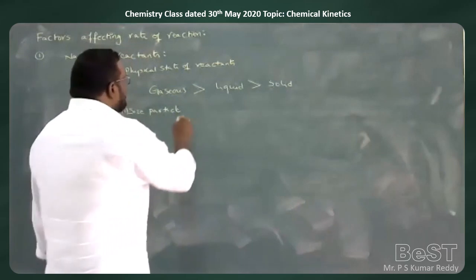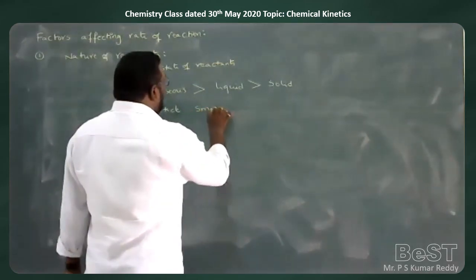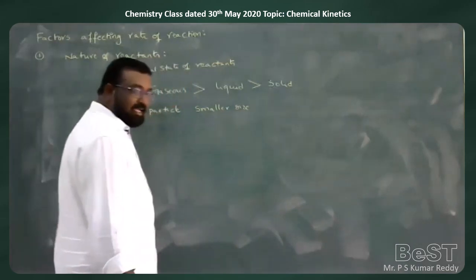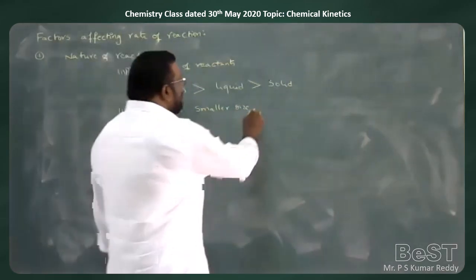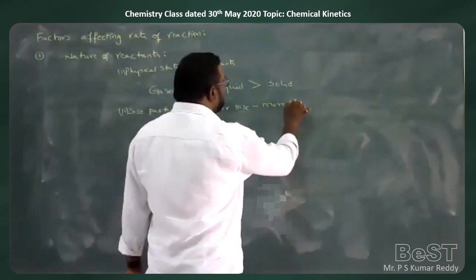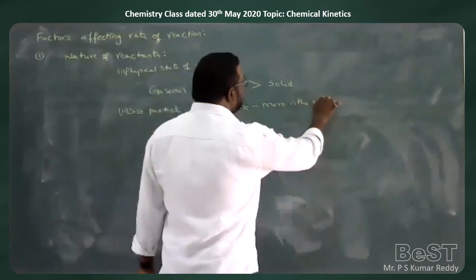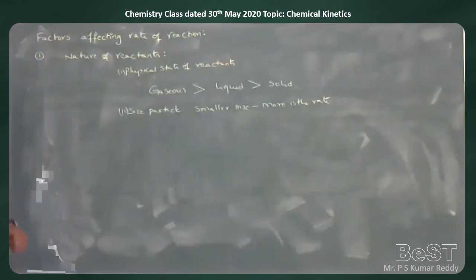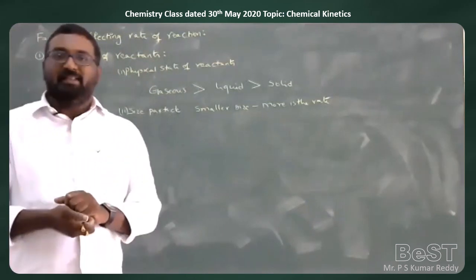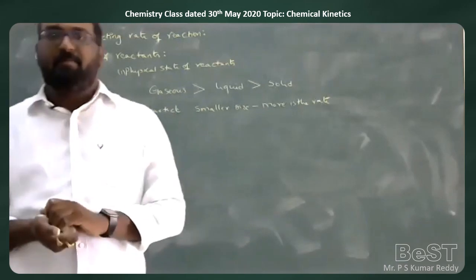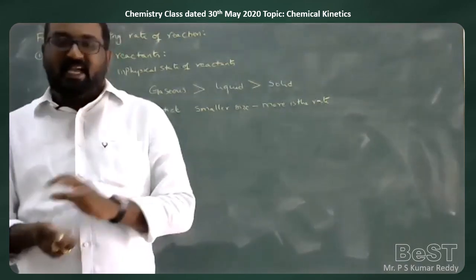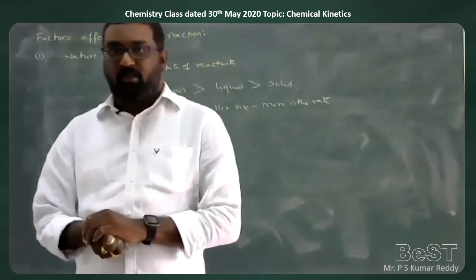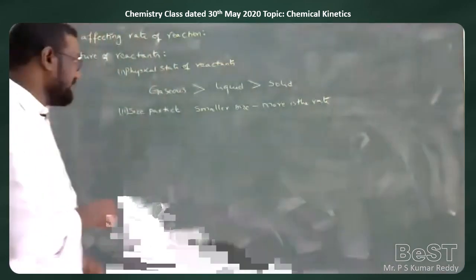That is, the smaller the size of the reactant particle, the more is the rate of reaction. So when the reactants are in solid state, lesser the size of the particle, more will be the rate of the reaction.